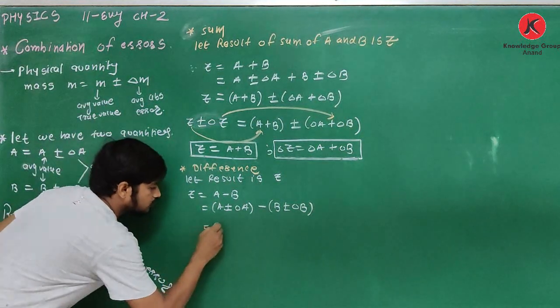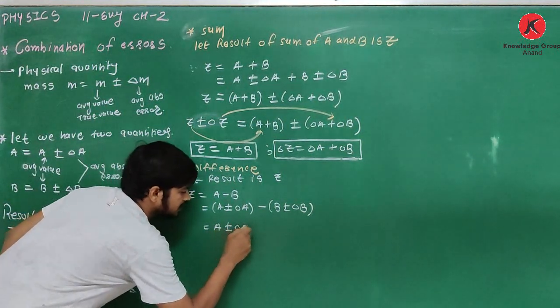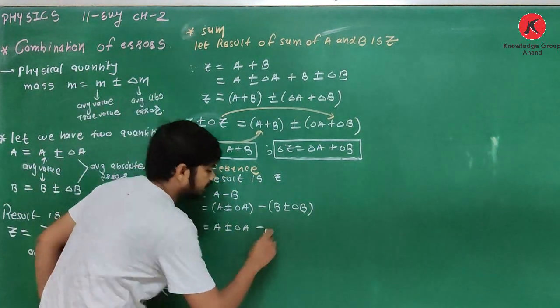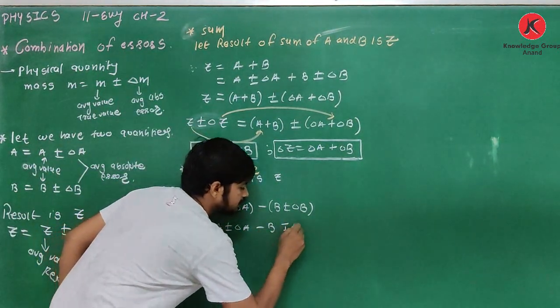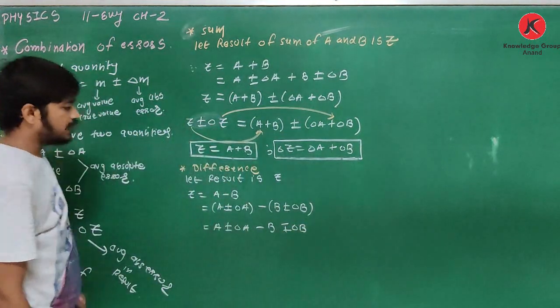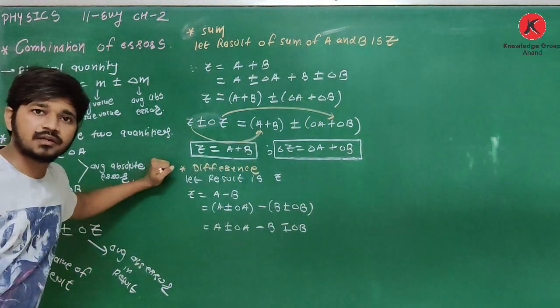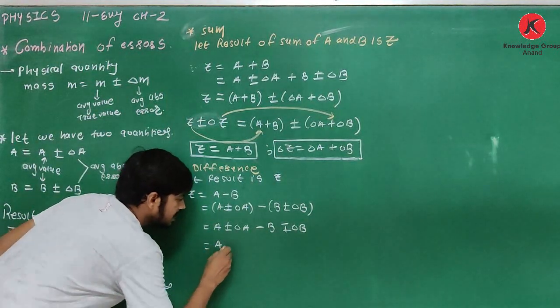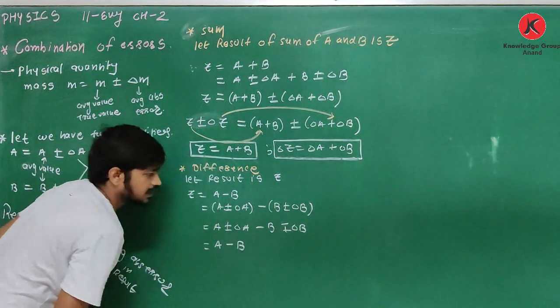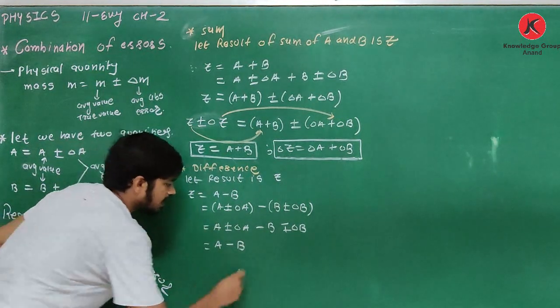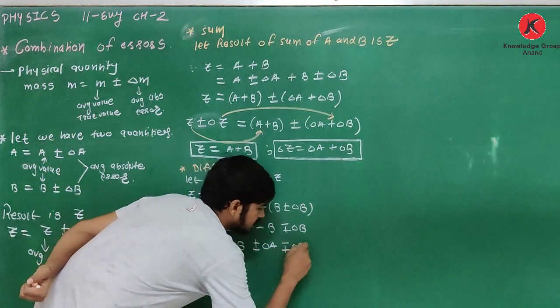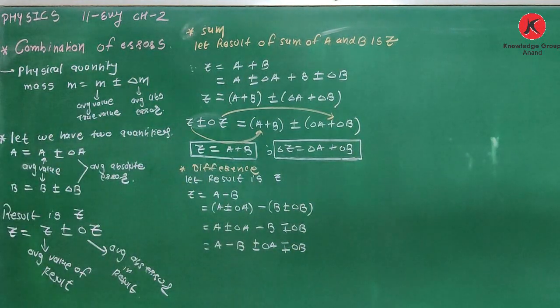Okay. And if I open this bracket, then what happens? See carefully. It is minus B minus plus delta B. Clear about this? Okay. So I can write A minus B, and here it is plus or minus delta A minus plus delta B.